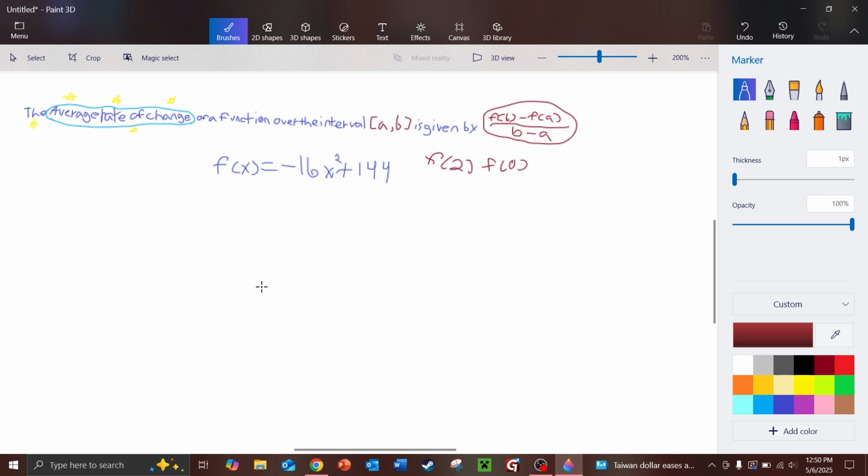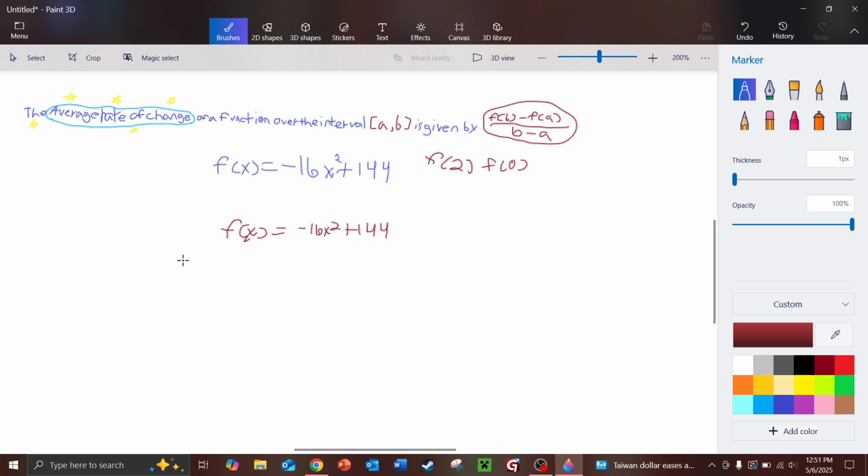So, how are we gonna figure out the average rate of change? Well, we're gonna do f(x) equals negative 16x to the power of 2 plus 144.